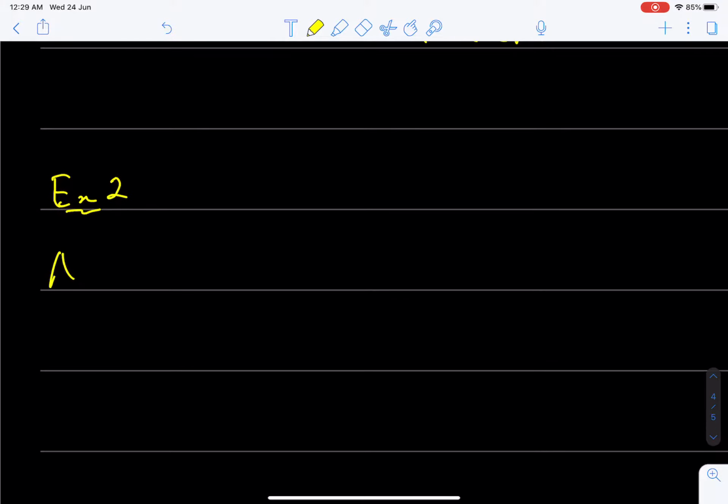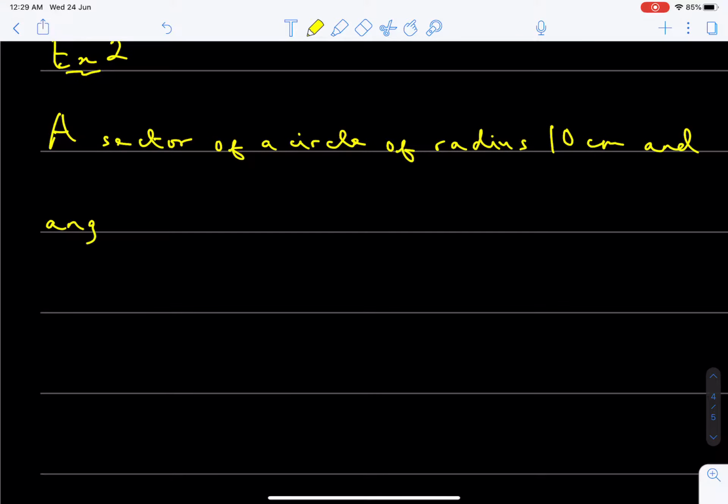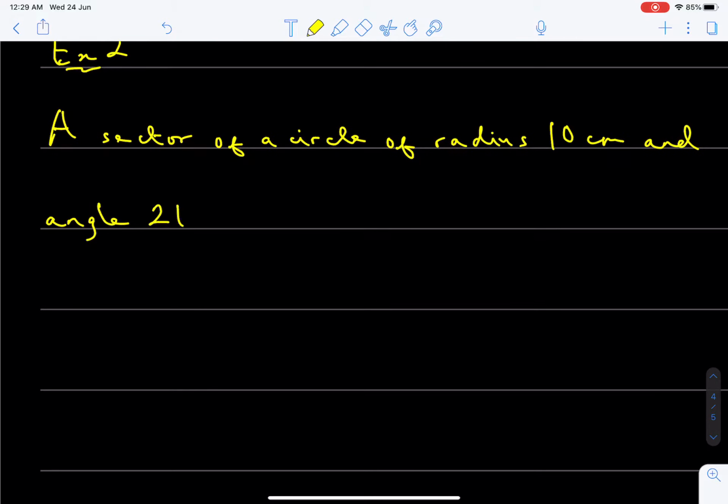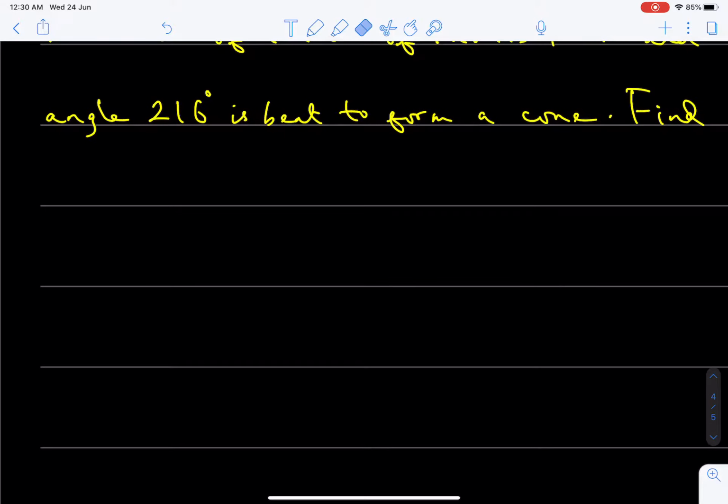A sector of a circle of radius 10 centimeters and angle 216 degrees is bent to form a cone. Find the following.